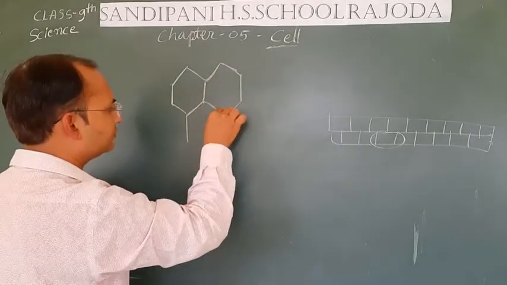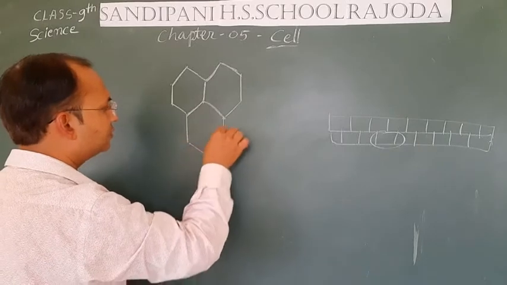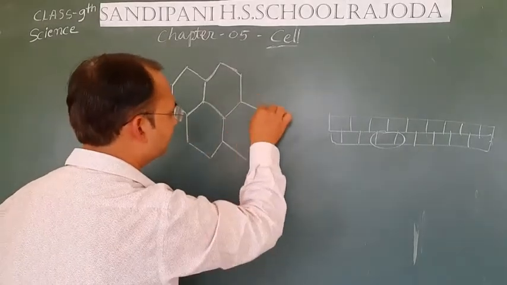The very first structure of the cell observed by Robert Hooke was like this.